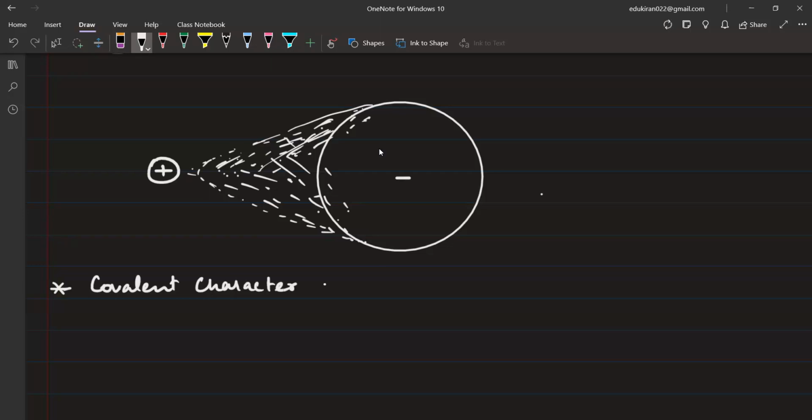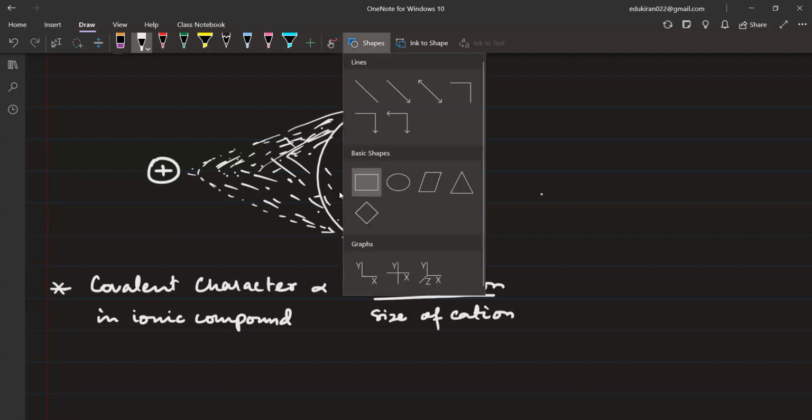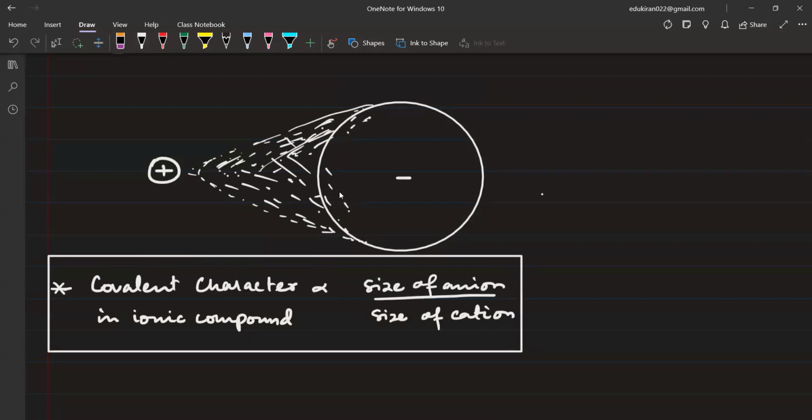So covalent character is directly proportional to the size of an anion and inversely proportional to the size of the cation. Let me write it here again and again: covalent character in an ionic molecule, in an ionic compound. Okay, so this small thing is Fajan's rule. All of you understood this? Yes, some of you tell me. Yes, sir. Okay, very good.